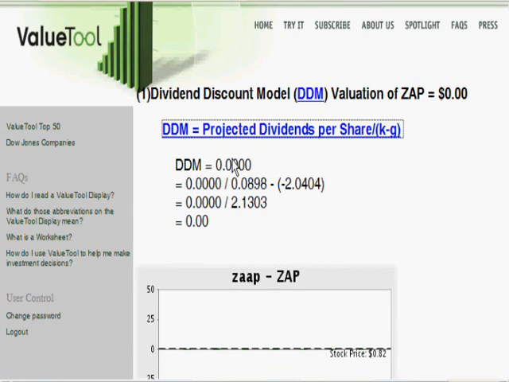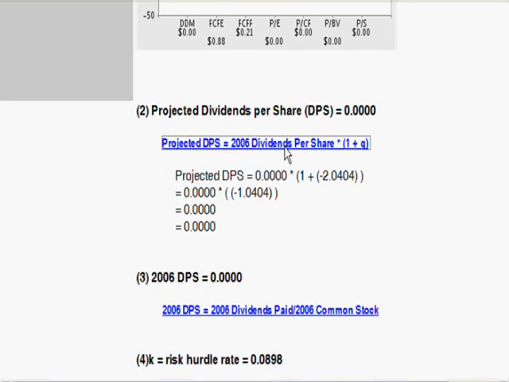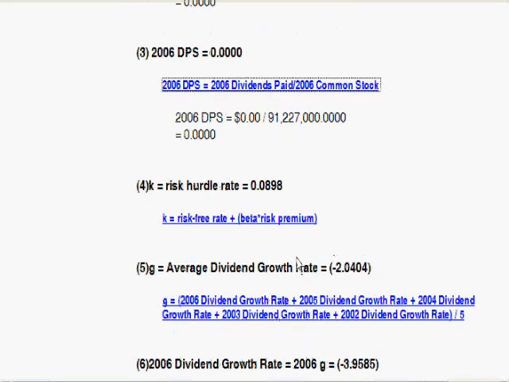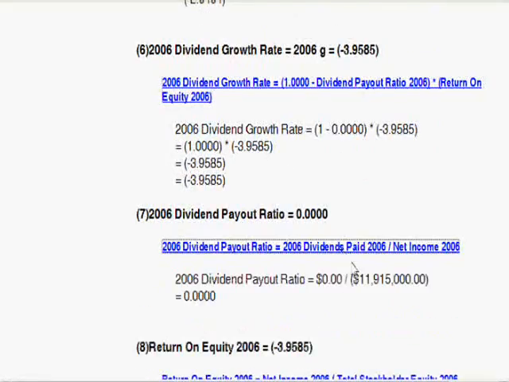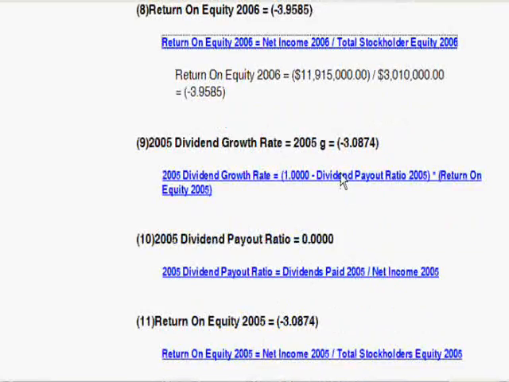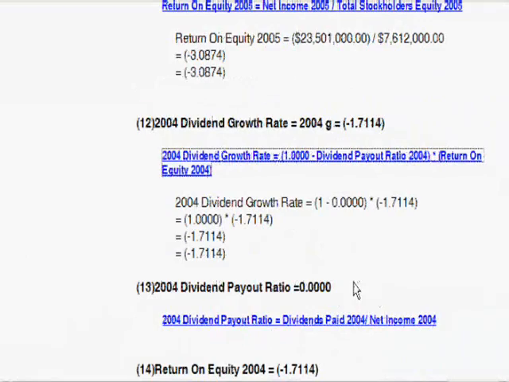You can see projected dividends per share, and we can drill down and take a look at all of the different calculations. A lot of software on the market hides this. They won't tell you how they're coming up with the calculations. ValueTool is completely transparent.